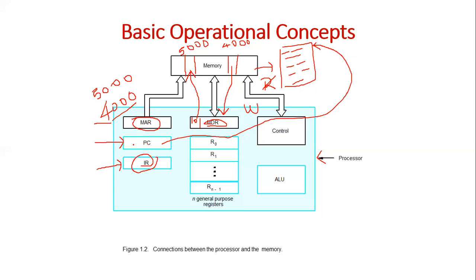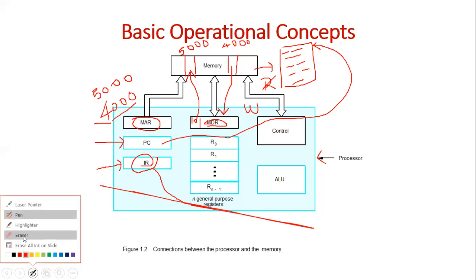So when the program counter is pointing to the first instruction, that instruction will first be moved to the IR register. After loading it to the IR register, the appropriate operation will be performed with the help of the arithmetic and logic unit.